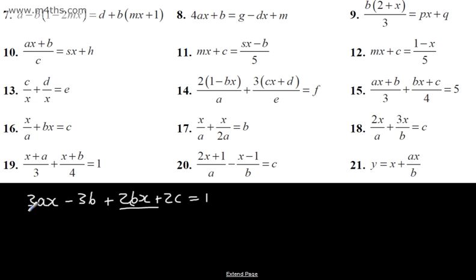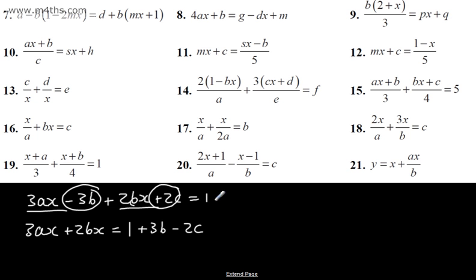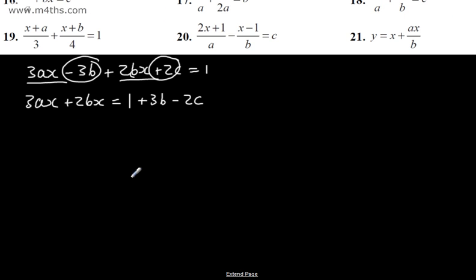So that's 3ax plus 2bx will be equal to 1. I'm then going to add 3b to both sides and subtract 2c. What I've done here is taken the terms that don't have an x in and put them on the right-hand side, and on the left we have terms in x.